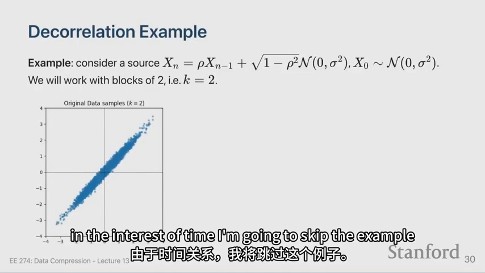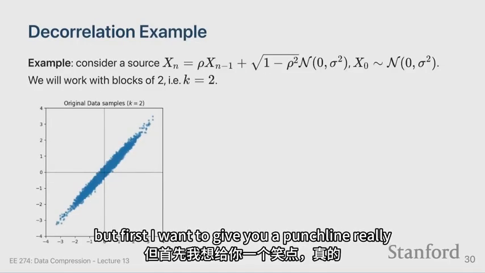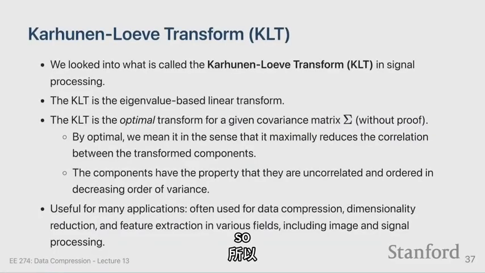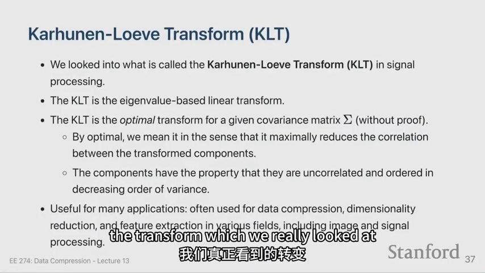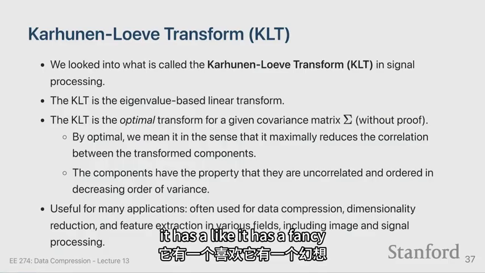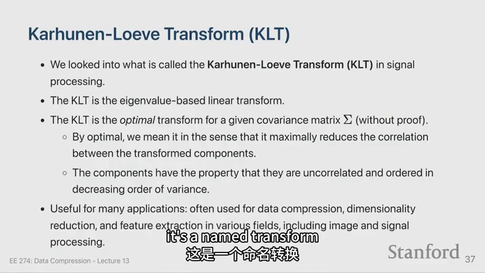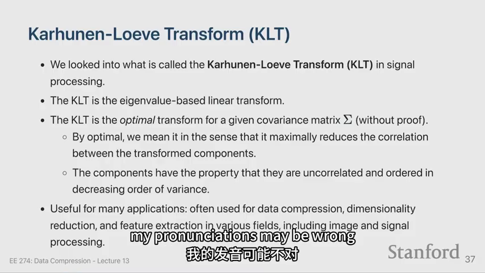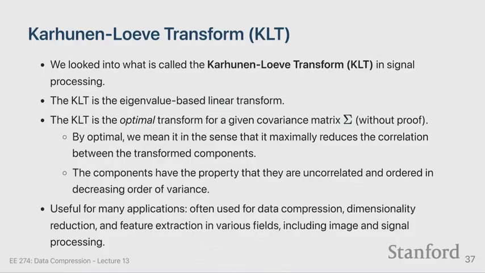In the interest of time, I'm going to skip the example, but first I want to give you a punchline. The transform which we really looked at has a fancy name. It's also called the Karhunen-Loève transform. Sorry, French names, my pronunciation may be wrong.